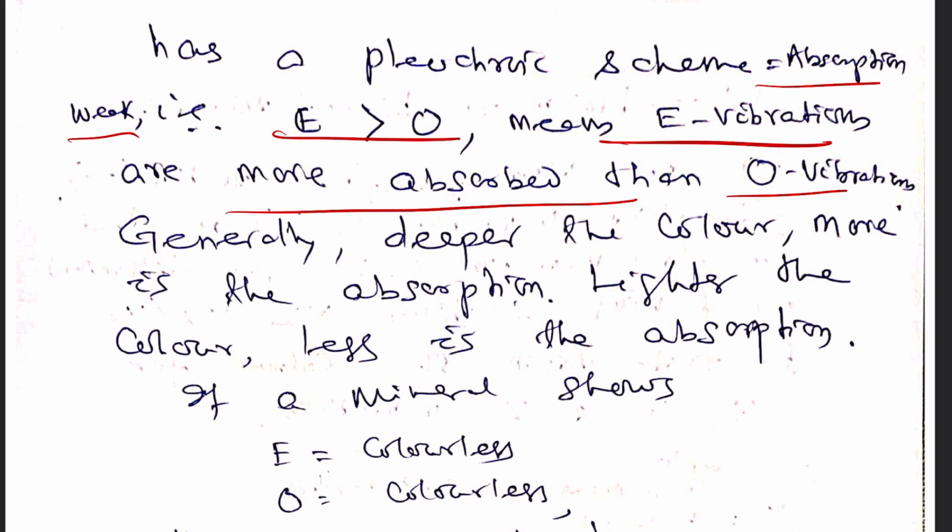It is not strong absorption, because light simply changes from deep to light. So absorption is weak. It can be described as epsilon is greater than O, because E rays are more absorbed than the O.